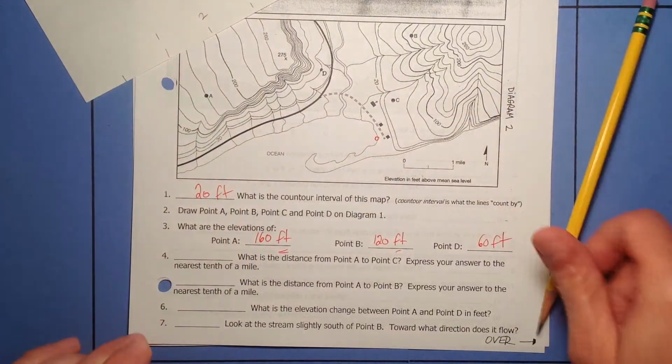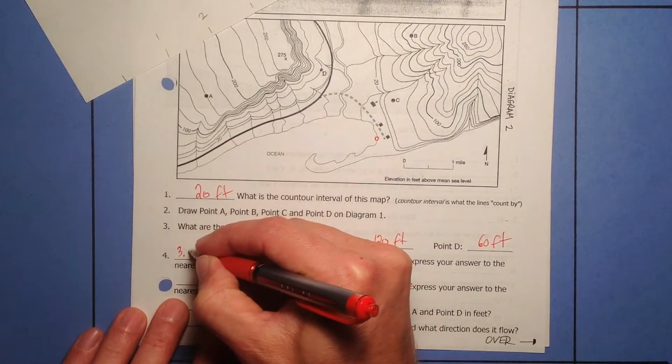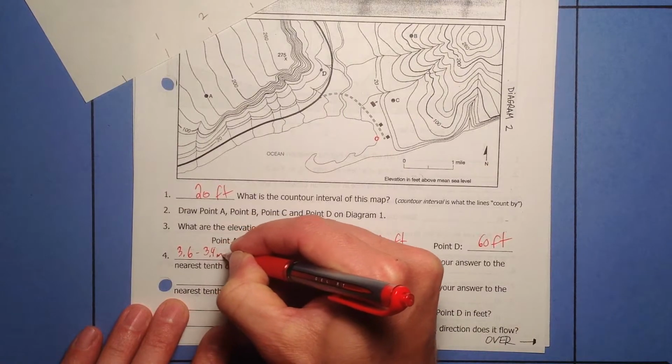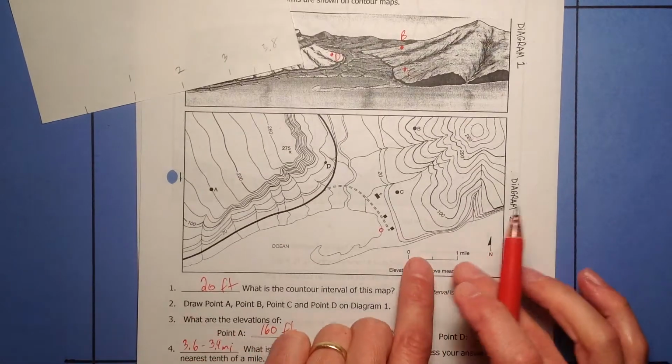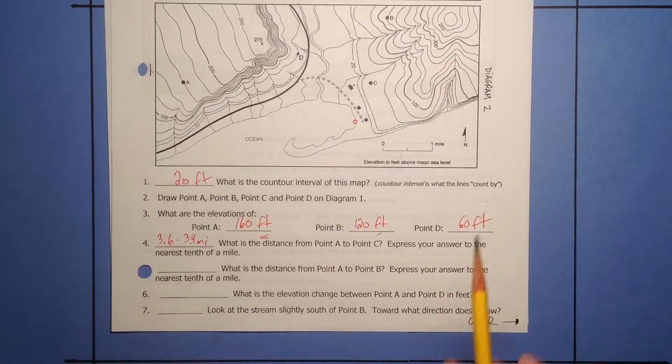What am I doing, A to C? 3.8 miles. So I'll say anything between 3.6 to 3.9 miles is fine. Again, don't worry too much about that. The way that we do things these days is we definitely have a better scale, but it's a good skill to have nonetheless.